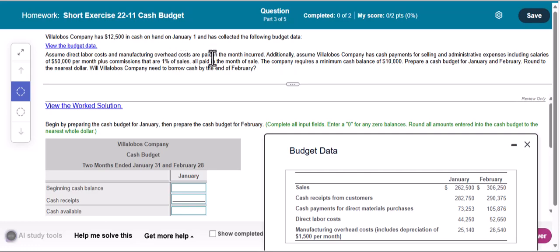In other words, these are direct labor costs of $44,250 paid fully in January, and then $52,650 paid fully in February. So none of it's carried over to the next month. And that's the same with the manufacturing overhead costs. That $25,140 in January is fully paid in January, and the $26,540 is all paid in February.